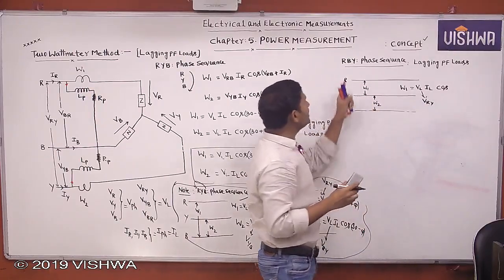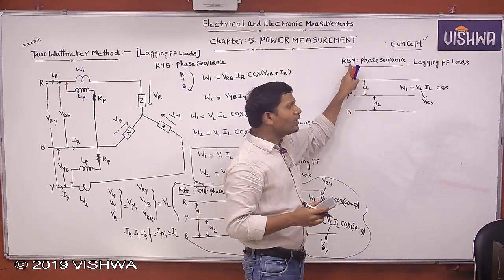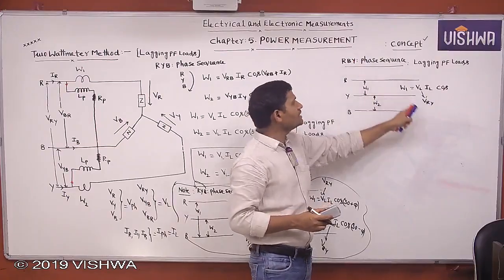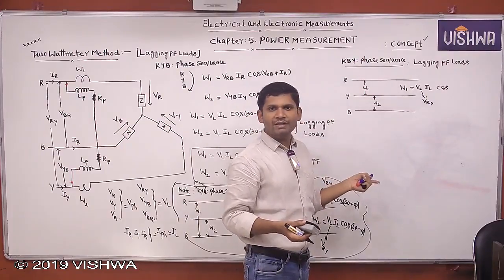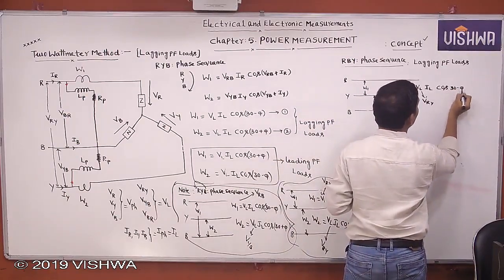But as per the RBY phase sequence, after R what should you get? B. But after R what are you getting? Y. So the phase sequence is not followed for lagging power factor loads. Then what can you get? 30 minus phi.